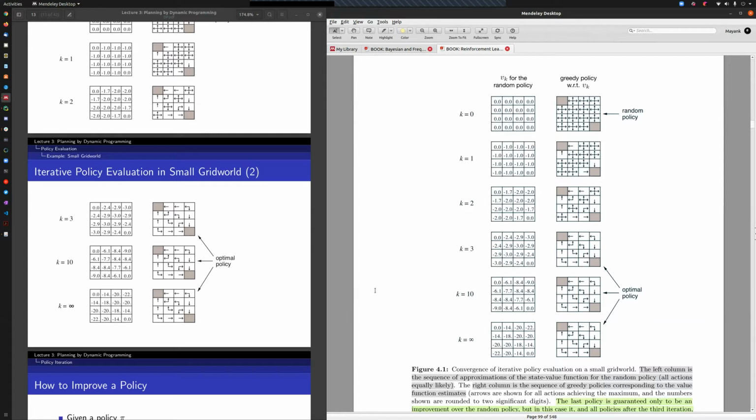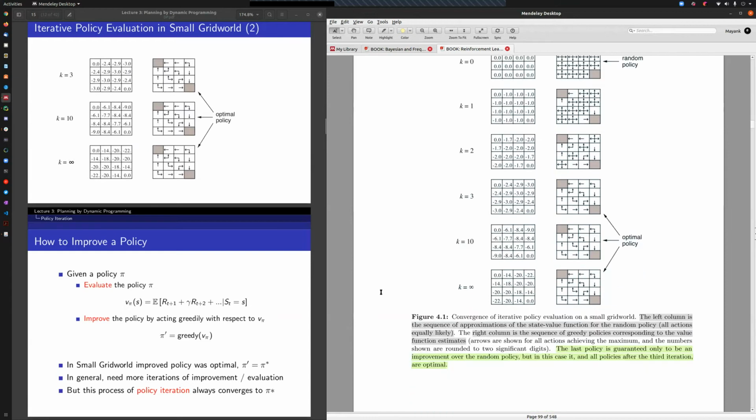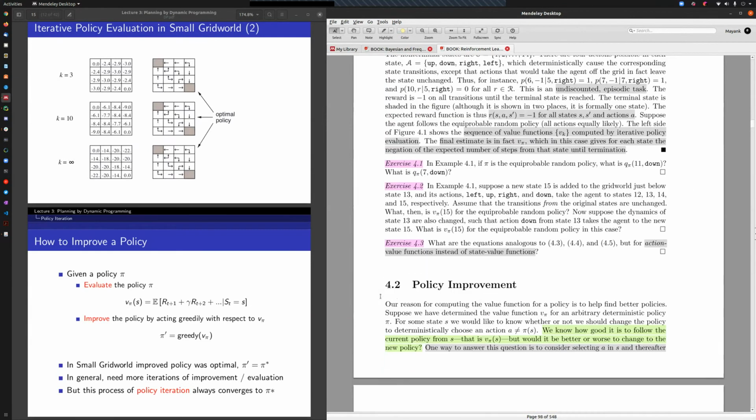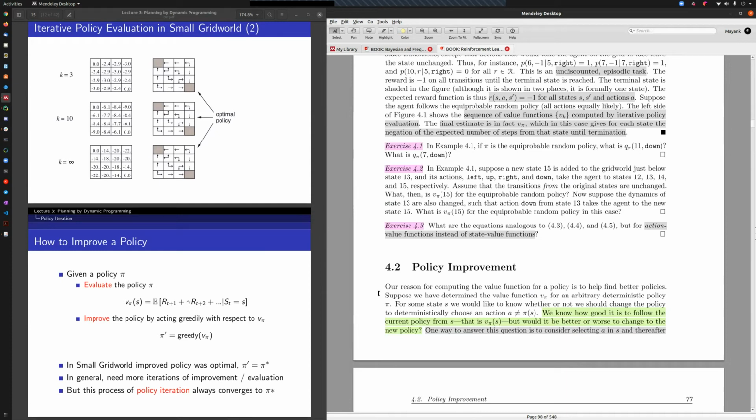I have a question for you regarding exercise 4.2. Regarding this new state 15, I think in both cases you have an equal or very similar state value in state 15 as in state 12. What if you have equiprobable values in state 15 and state 12? That's what I got.